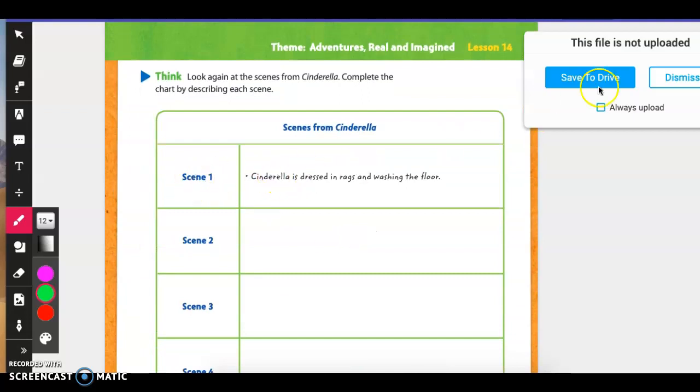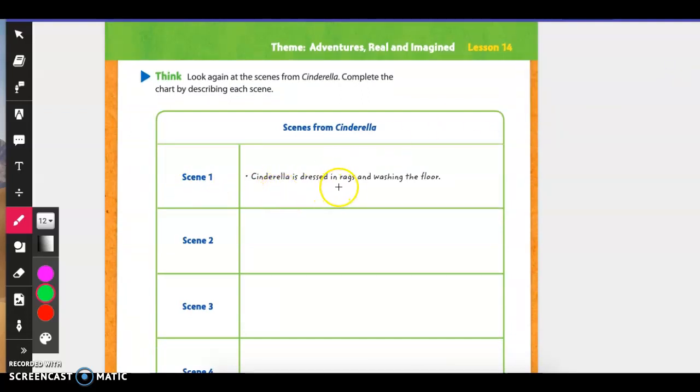In scene 1, it says that Cinderella is dressed in rags and she is washing the floor. I'm going to pause right now and ask you, if you do not have your week 6 reading packet in front of you, go ahead and get that now with a pencil. So if you don't have it, press pause and come back.